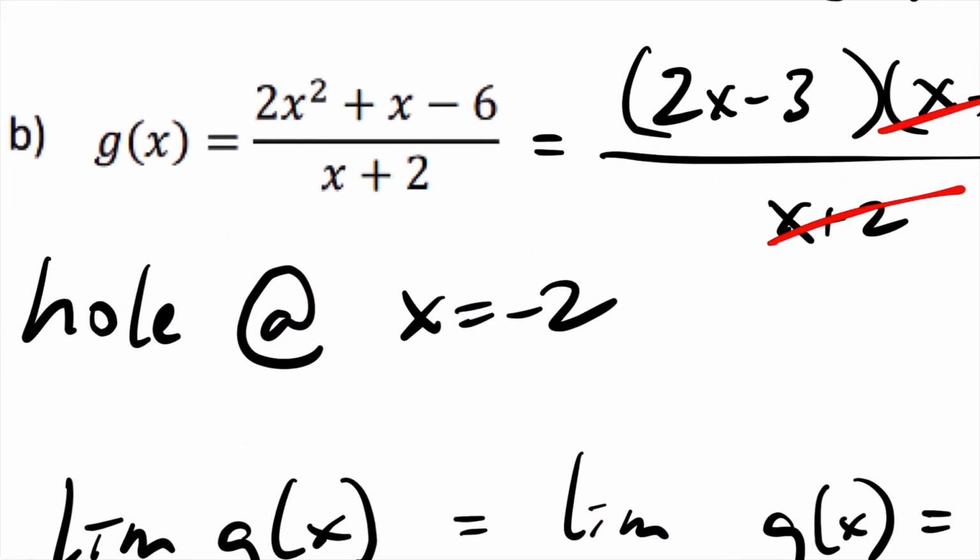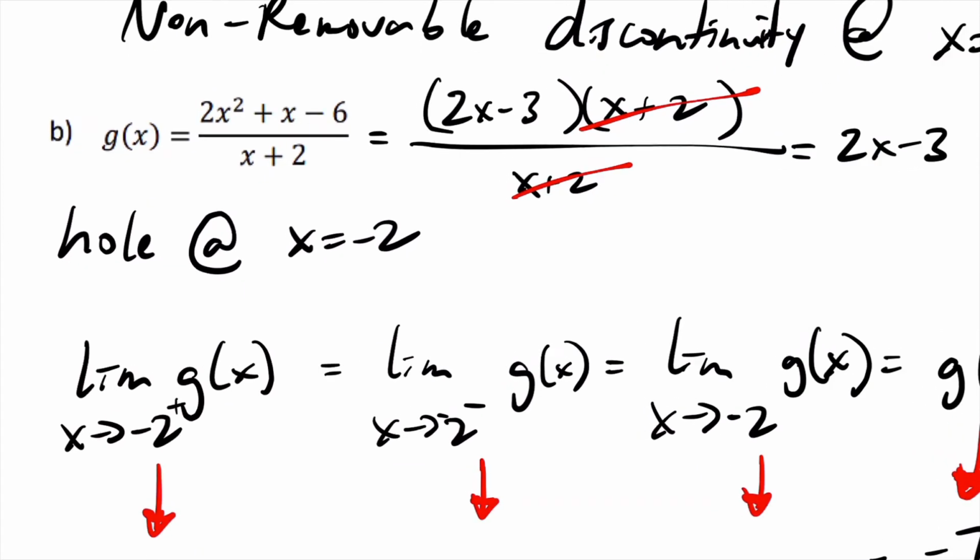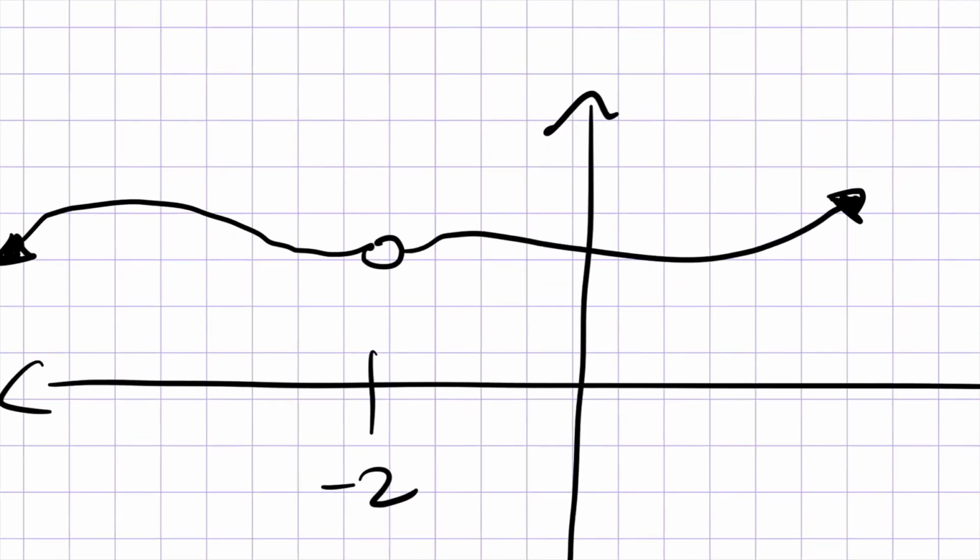So how do I figure out where the limit's going to be? At -2, I can't plug it in, right? What happens when I plug in -2 there? I get undefined, which is the reason that hole's there.